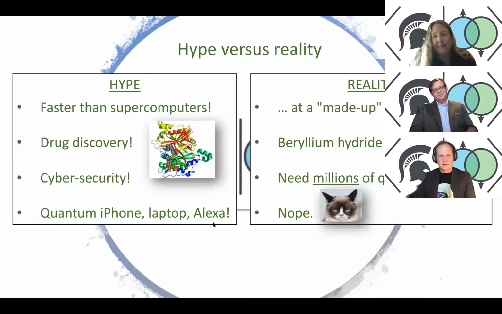Okay, I really want to come back to this one thing. There's a lot of potential. Quantum computers are super powerful, but if you look at the popular media, there is a ton of hype, and it's important to recognize the difference between the hype and the reality.